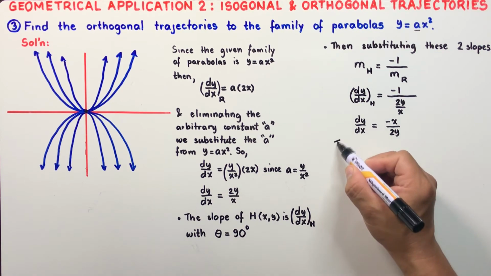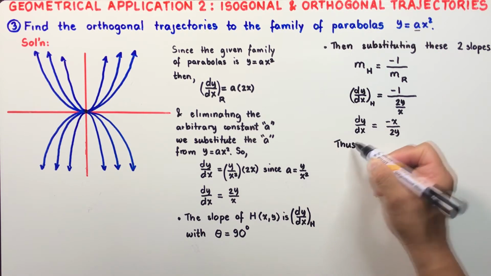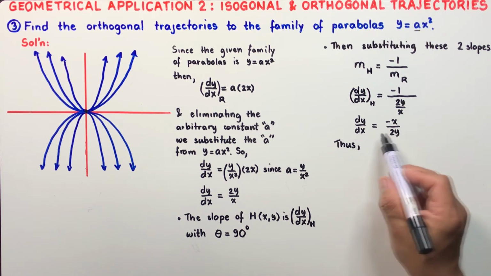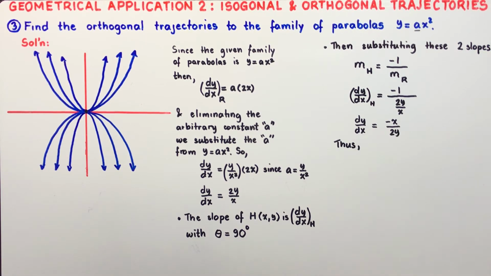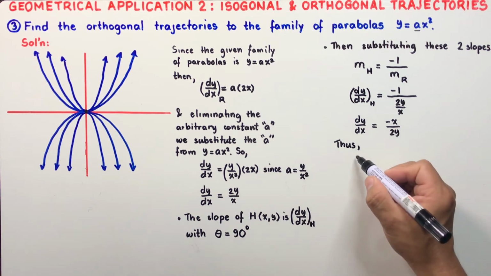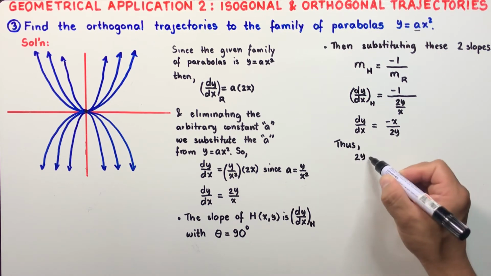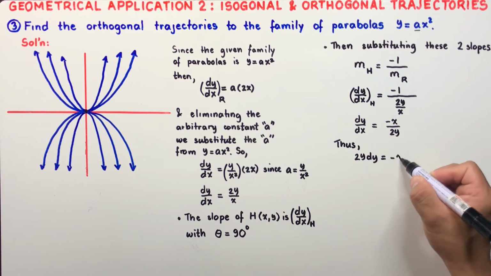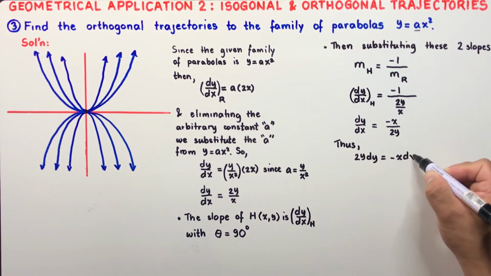Thus, we can simplify this equation by multiplying both sides of the equation by the LCD of these two denominators. So we have 2y times dy, and at the right hand side we have negative x times dx.